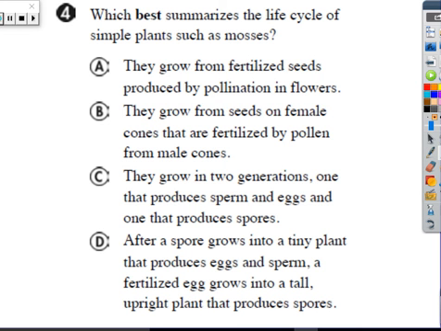They grow into 2 generations, one that produces sperm and eggs, and one that produces spores. After a spore grows into a tiny plant that produces eggs and sperm, a fertilized egg grows into a tall, upright plant that produces spores. And we're talking about mosses here.